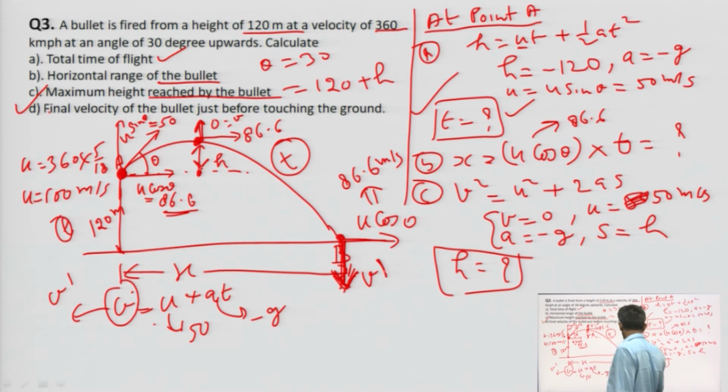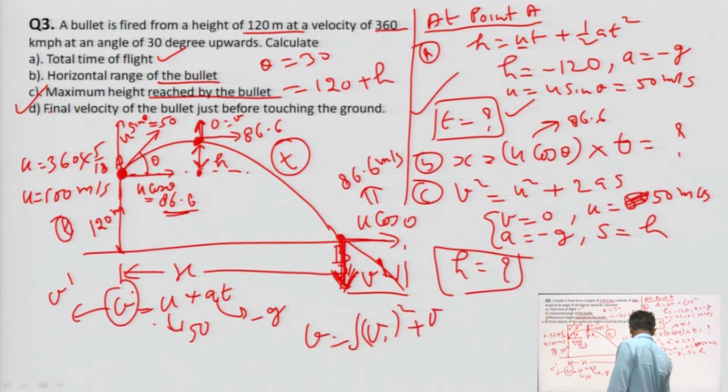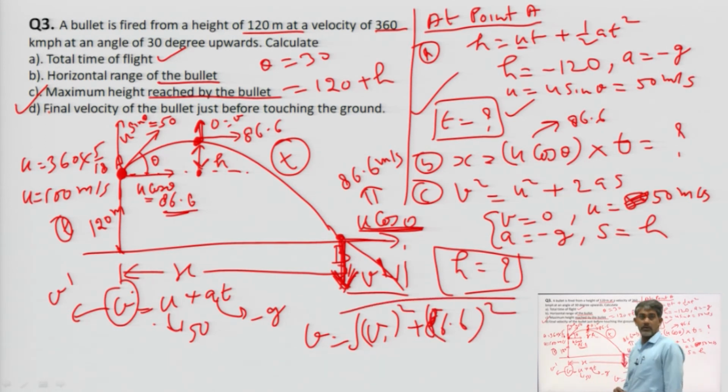After calculating this v dash, total velocity will be v is equal to under root of v dash square plus 86.6 square, right. And what will be this angle?